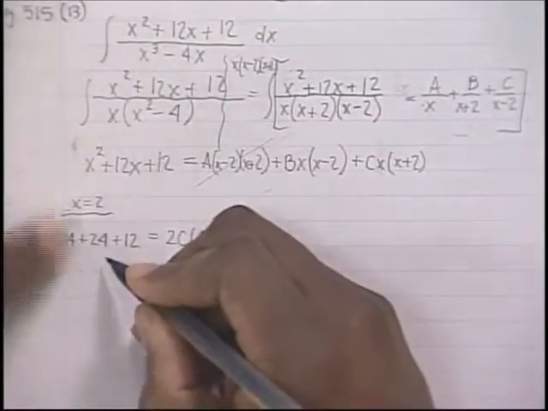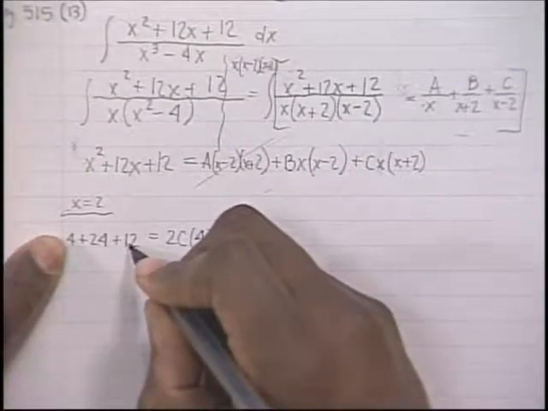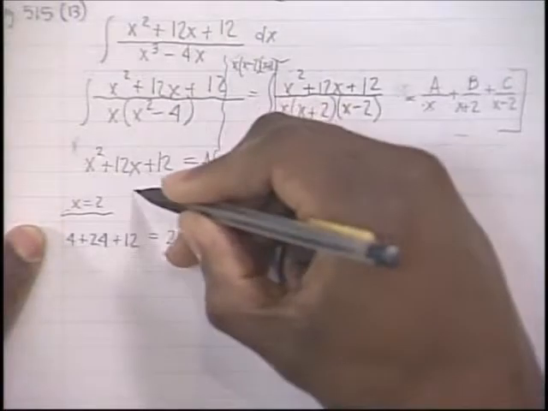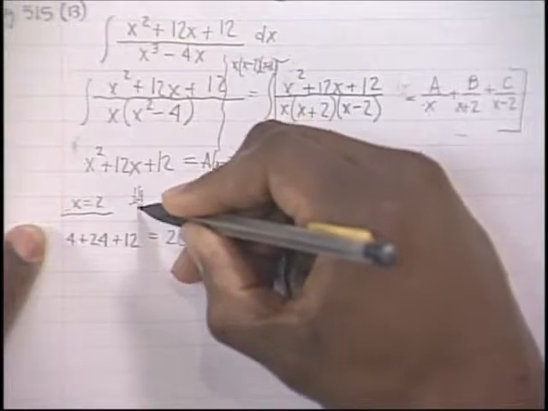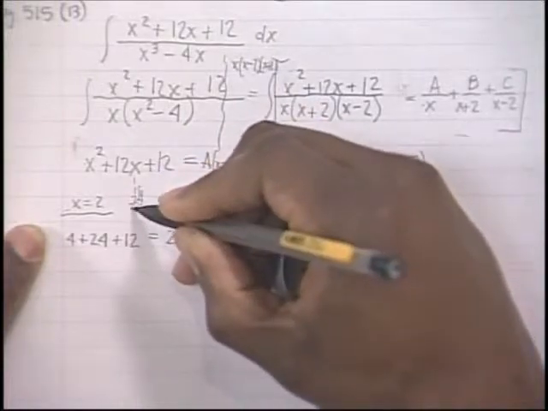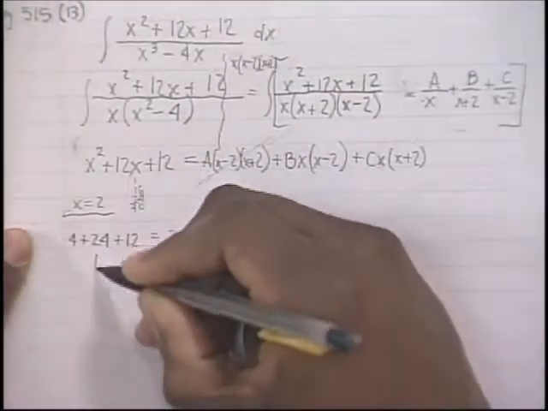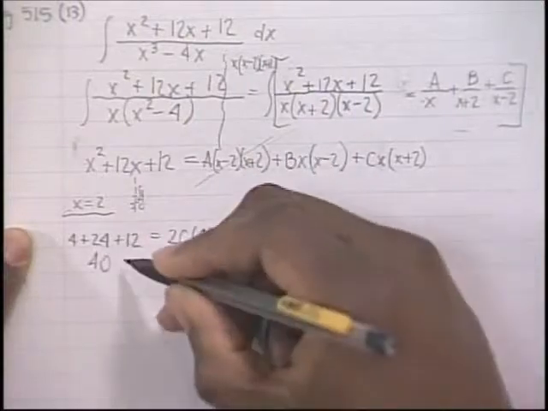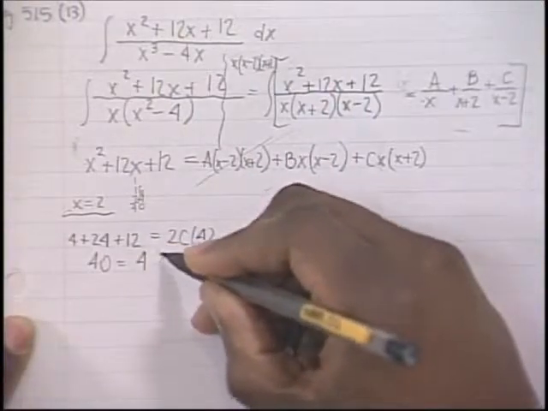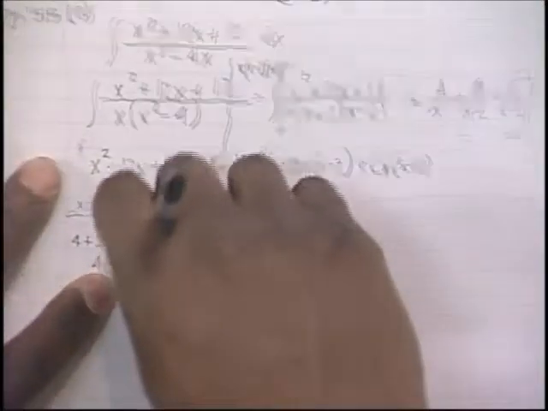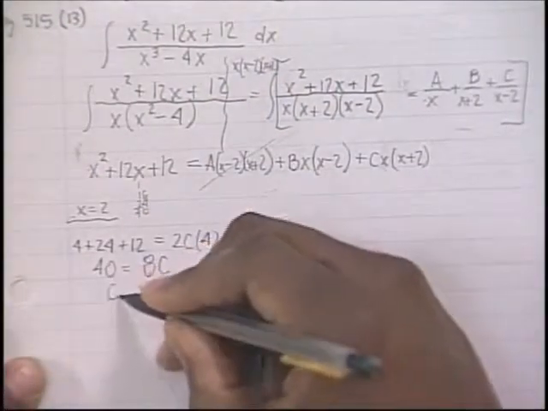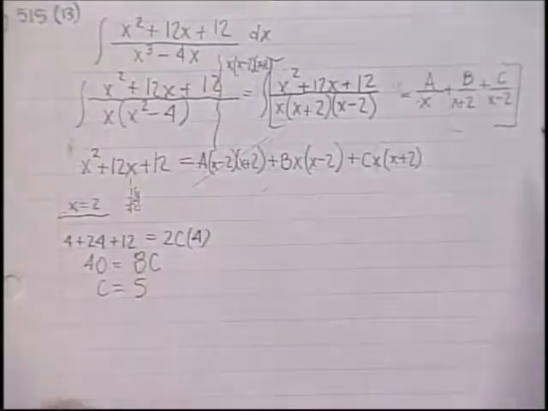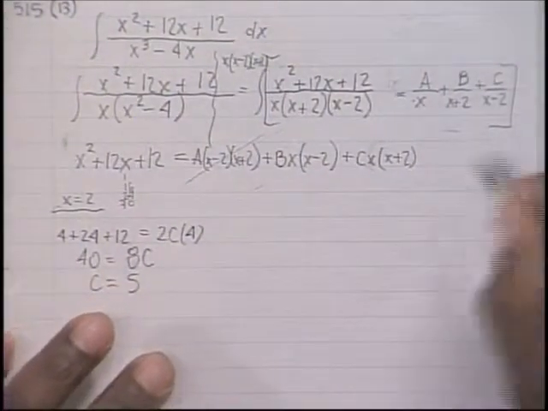That's 16 plus 24, you get 40. 40 is equal to 8C. C is 5. So now you've got the first number.